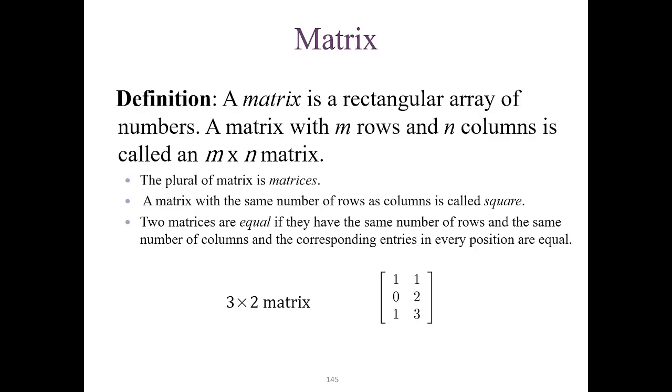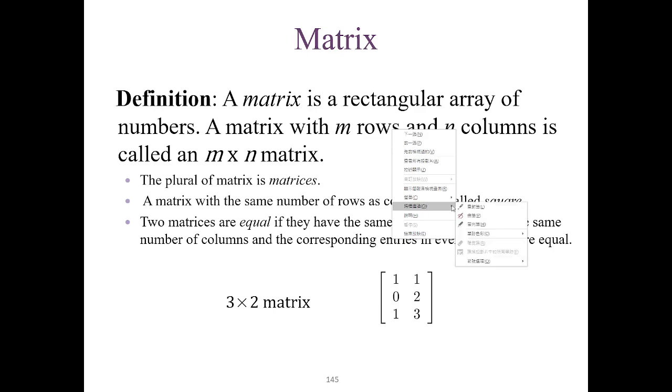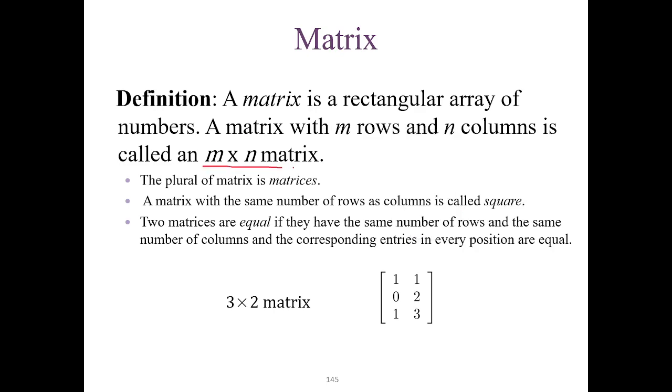Firstly, let's define what a matrix is. A matrix is a rectangular array of numbers using m rows and n columns. So usually we call it an m by n matrix. When we call a matrix m by n, that means we have m rows and n columns.